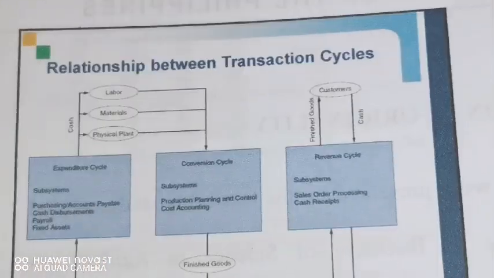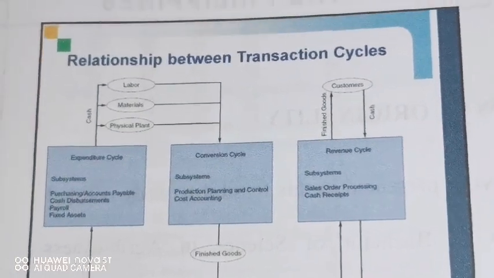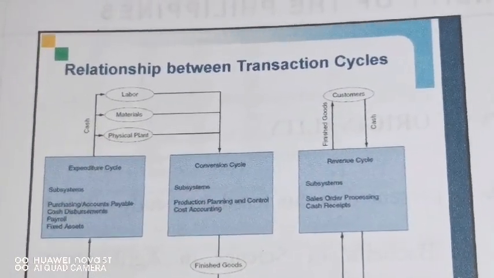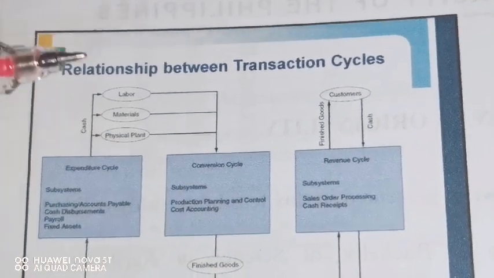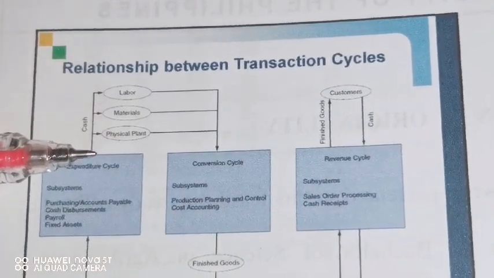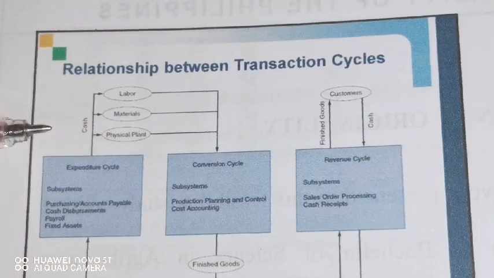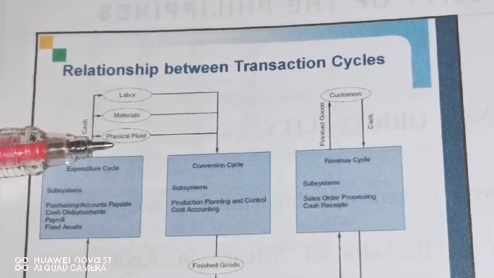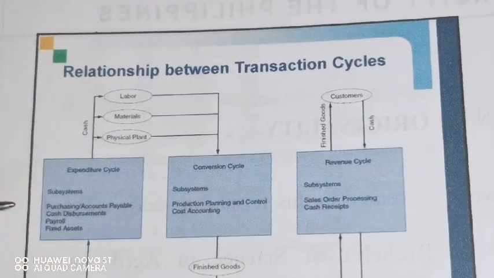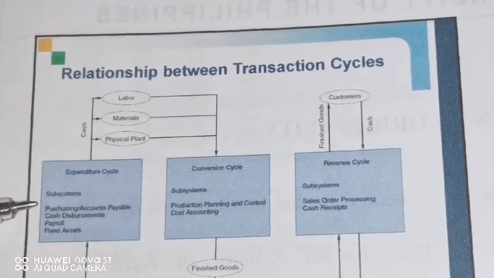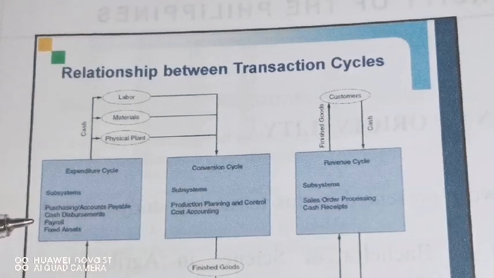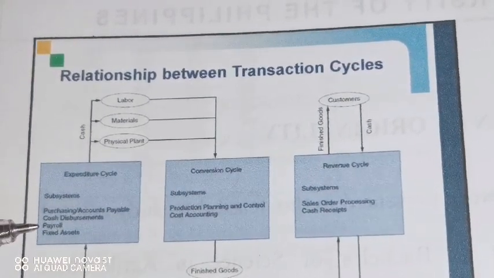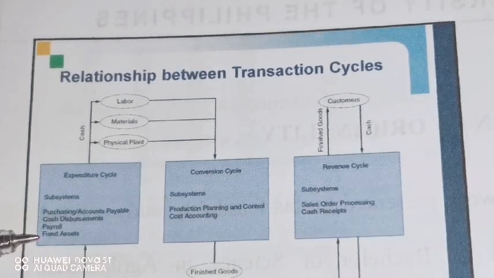Okay. So this is the relationship between transaction cycles. So here you can see, 'di ba, in the first option, we have the labor, materials, and physical plant. So we use cash in order to acquire these resources. Kaya under siya ng expenditure cycle, wherein the subsystems are purchasing and accounts payable, cash disbursement, payroll, and fixed asset.